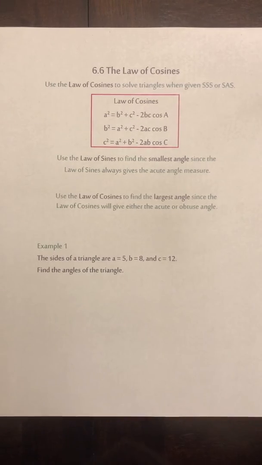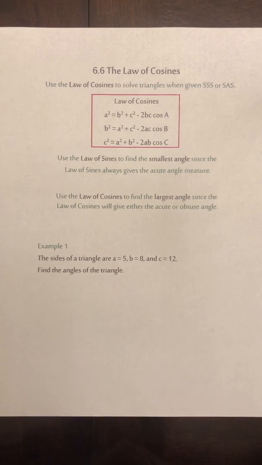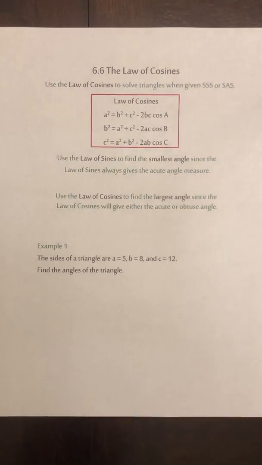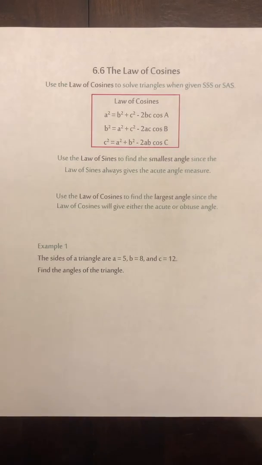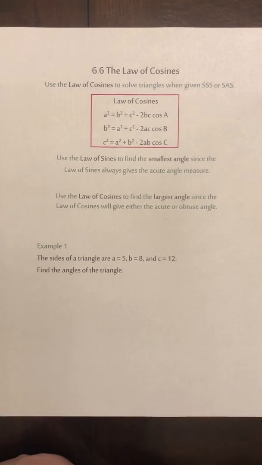You'll notice that when we did the law of sines, it always gave us an angle value that was in quadrant 1, so a small angle measure. And remember, we sometimes had to check to see if we got a quadrant 2 answer. Well, when you use the law of cosines, it helps us out because it will find that large angle.